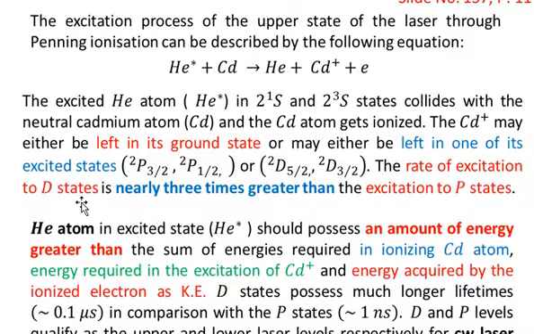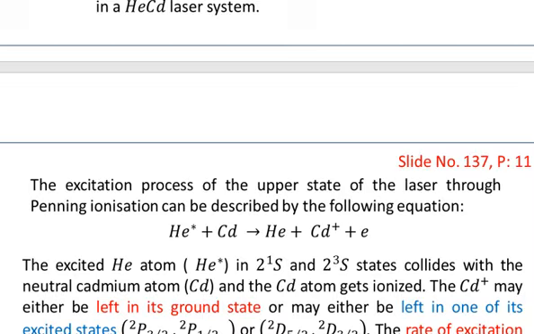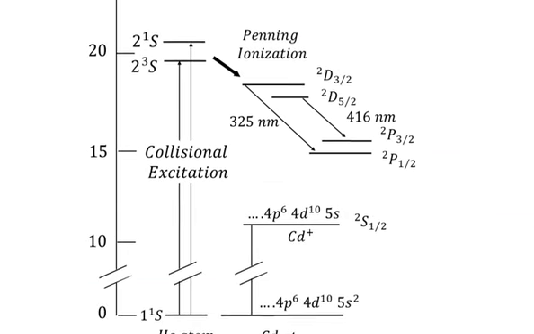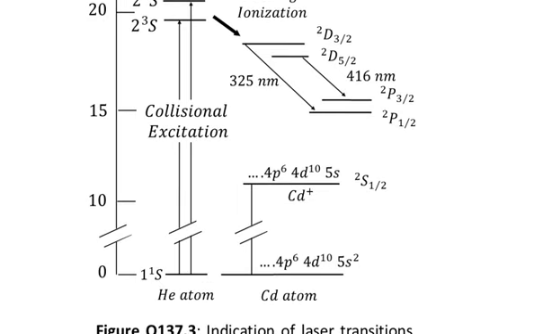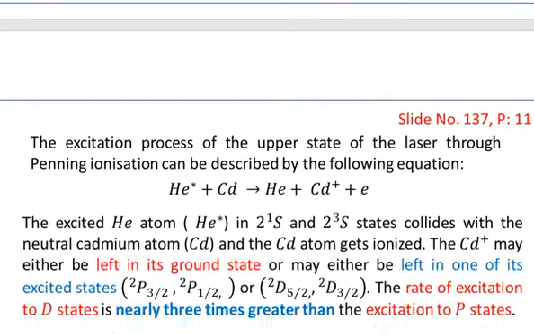The rate of excitation to D states is nearly 3 times greater than the excitation to P states. So this is very favorable: the excitation to 5d levels is 3 times greater than the excitation of the lower laser level, which corresponds to the 5p levels. So it has a 3 times higher probability to be occupied. That's why the population inversion is achieved.